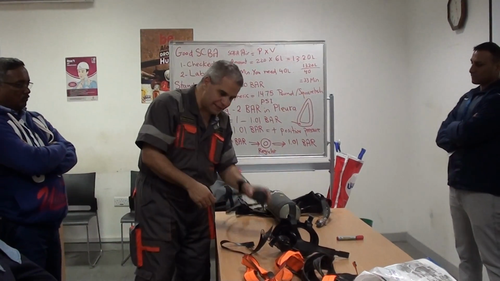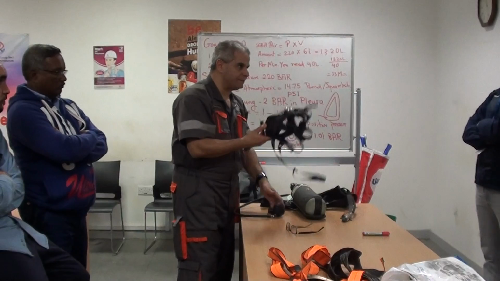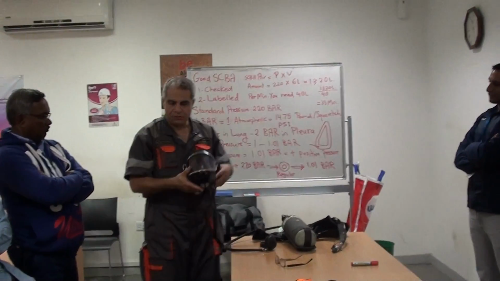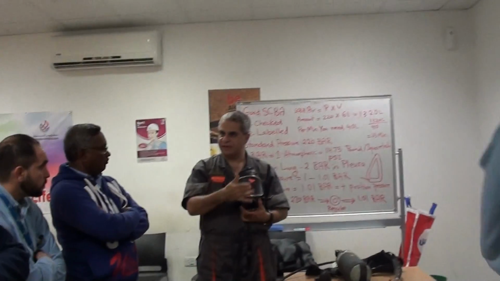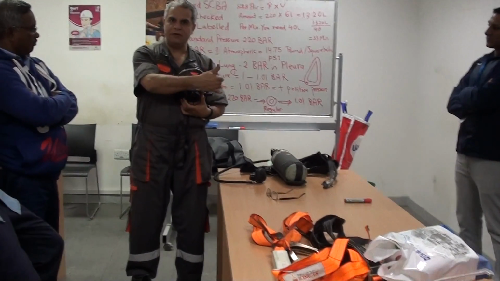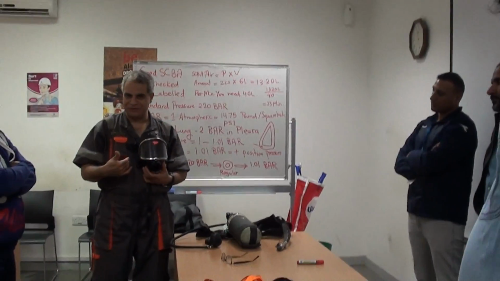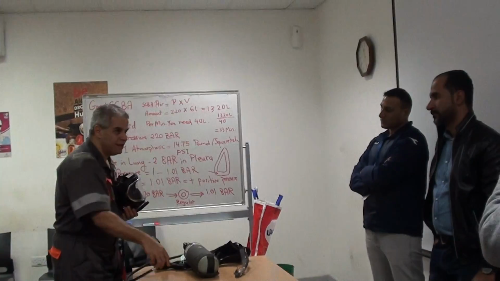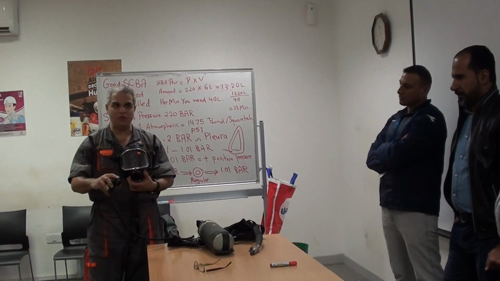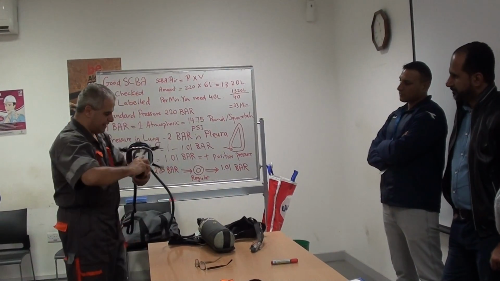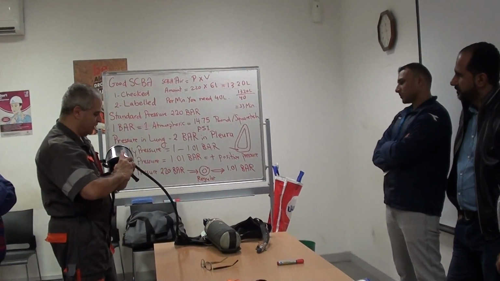How to connect the demand valve to the mask. You hold the mask like that. 12 o'clock, 6 o'clock, 3 o'clock, 9 o'clock. And then, with your index finger pointing towards 12 o'clock.